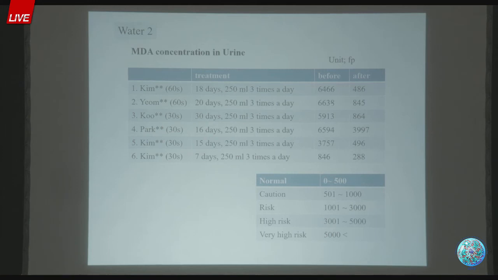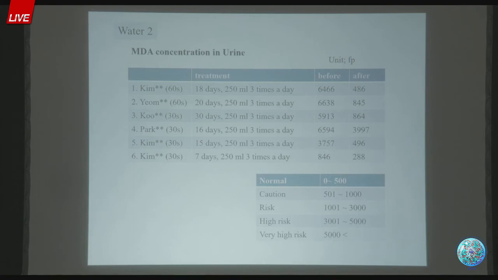And we found that the free radical, the MDA, had decreased very drastically. The normal range is 0 to 500, caution from 500 to 1,000, risk is 1,000 to 3,000, and high risk up to 5,000. Very high risk is more than 5,000. So you see the people were in the range of high risk or very high risk.